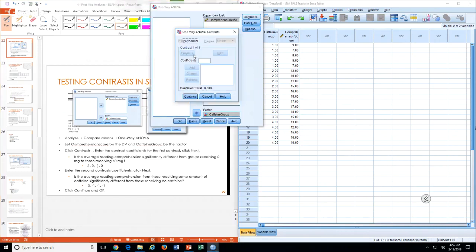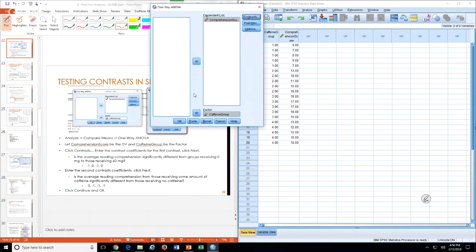To put those in for contrast number 1, we'll do 1, add, 0, add, -1, add, and 0, add. That's the first contrast. Notice that it keeps track of whether these are valid or not. And then continue.